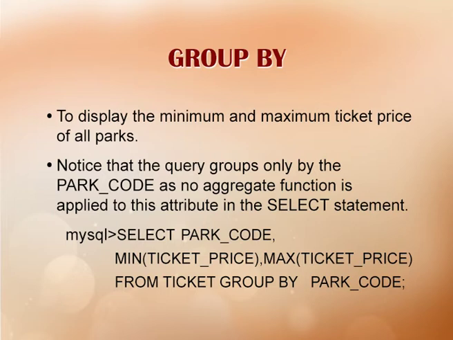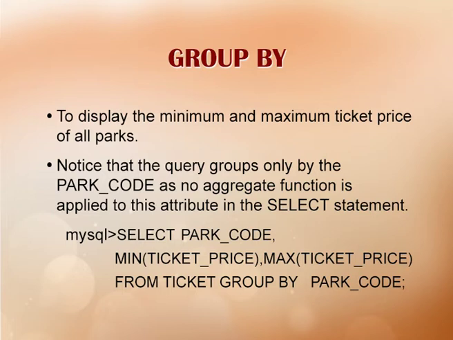So, select the park code from the ticket table, and find the minimum ticket price and the maximum ticket price for each park code. So: select park code, minimum ticket price, maximum ticket price from ticket table group by park code. Here we are grouping by park code, giving the minimum fare as well as the maximum fare.